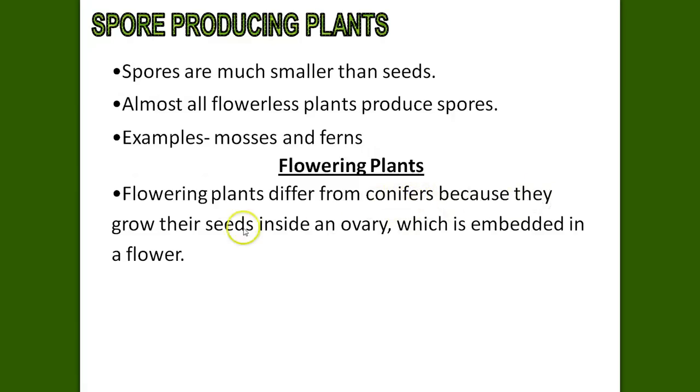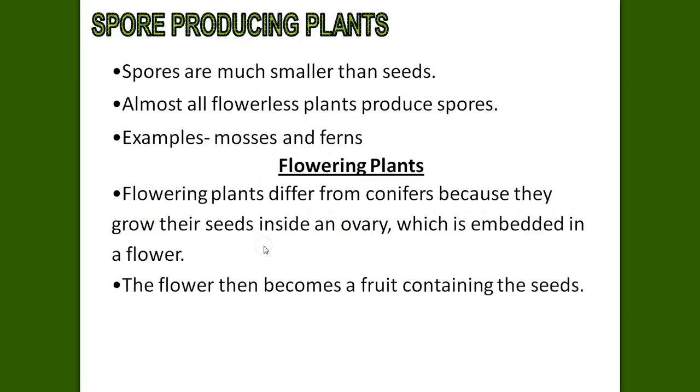Flowering plants differ from conifers because they grow their seeds inside an ovary, which is embedded in a flower. So flowering plants differ from cone-bearing plants because they grow their seeds in an ovary, which is embedded in a flower. We know that flowers have ovaries. We've memorized that. We know all the parts of a flower. Then the flower becomes a fruit containing seeds.